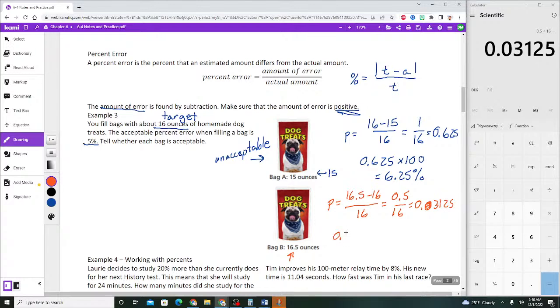So if we take that and multiply by 100, we get 3.125%. This is acceptable because this is less than 5%.